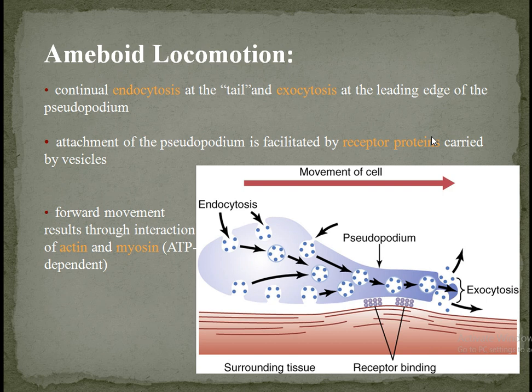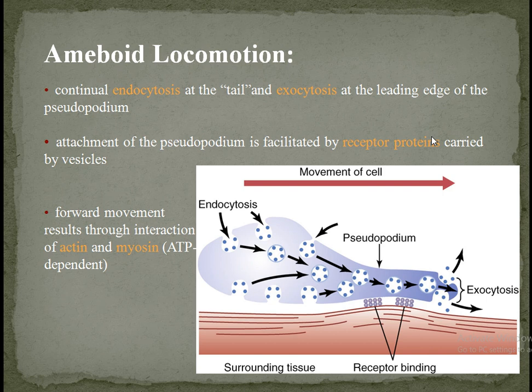In the end of the lecture, we have a specific type of locomotion, how the substances or food vacuole can move from one side to the other side inside the cell.